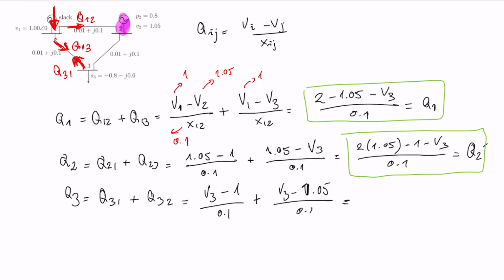And this is equal to 2 times B3 minus 1.05 minus 1 divided by 0.1. This is equal to Q3, and in this case we know the injection in node 3. This is minus 0.6. So this is my third equation here.